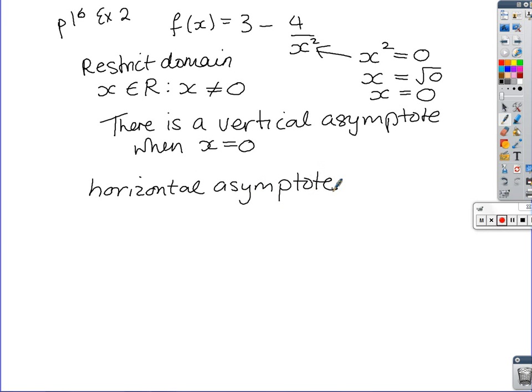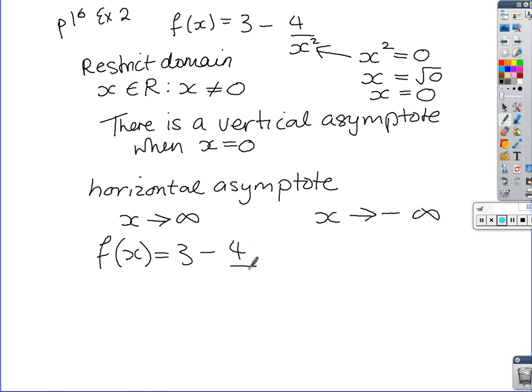We can do this by imagining what happens as x tends to infinity, or gets larger and larger, and also what happens when x tends to negative infinity. So if x tends to infinity, what happens to our function f of x equals 3 subtract 4 over x squared? Well, this part, 4 over x squared, is going to get smaller, because the number we're dividing by gets bigger and bigger.